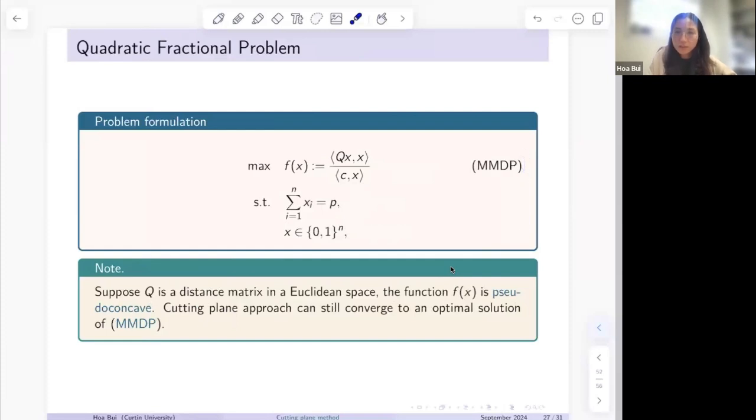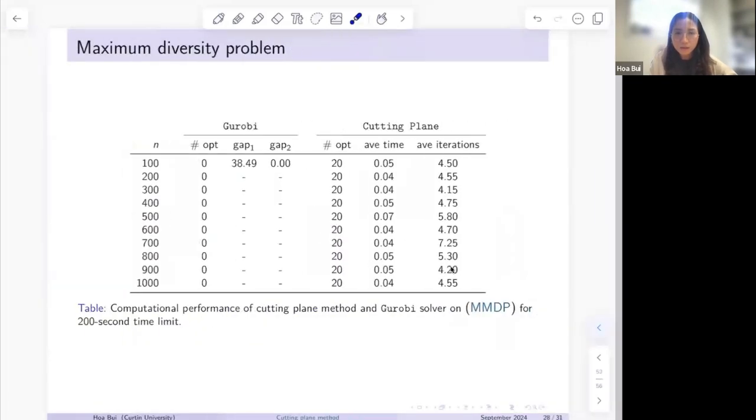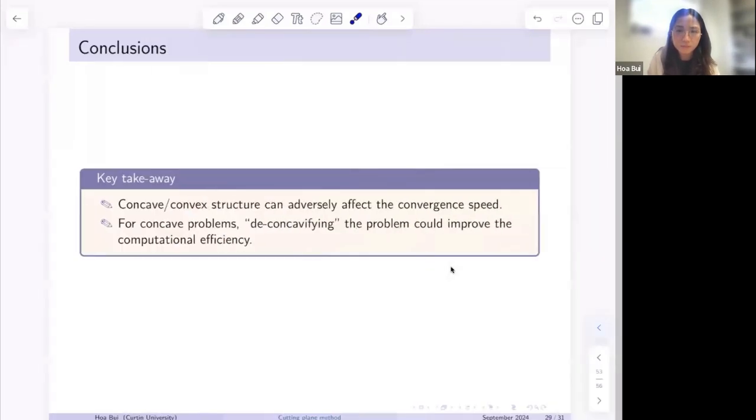For that, we just need to apply the cutting plane directly to this model. You can see here that for these quadratic fractional problems, the cutting plane converges very fast to the optimal solution with very few iterations. This demonstrates that applying to a non-concave model is quite an advantage for us.